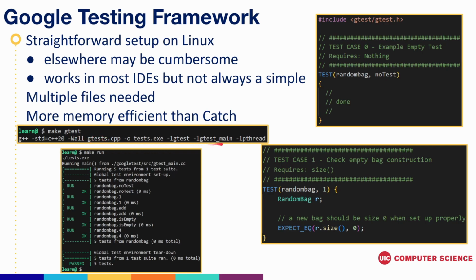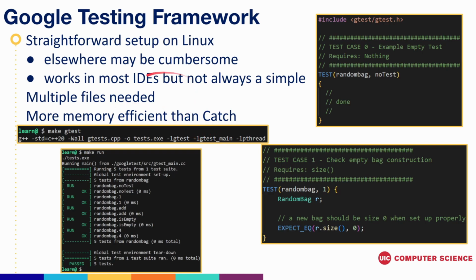We also have several flags that are included with the compilation of the Google Test framework. So notably, this one right here is going to tell us that we don't have a main function with our program. So Google Test should generate a main function that simply calls all of our tests.